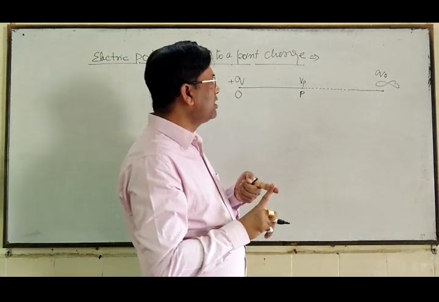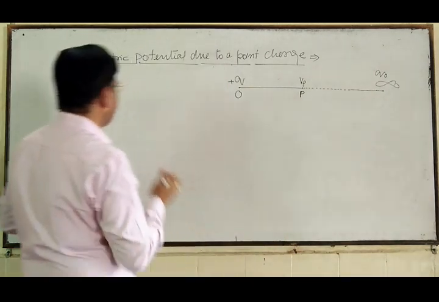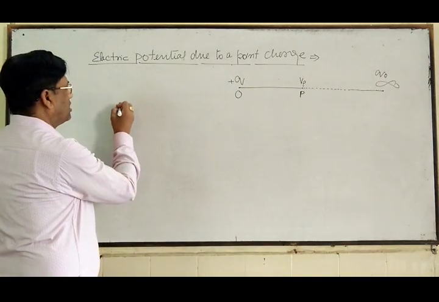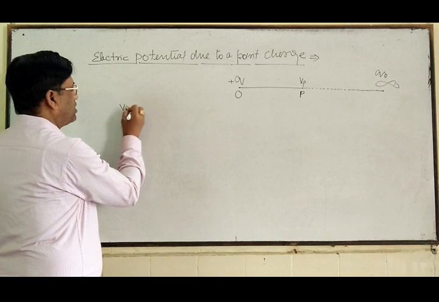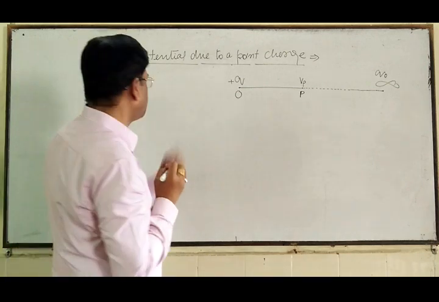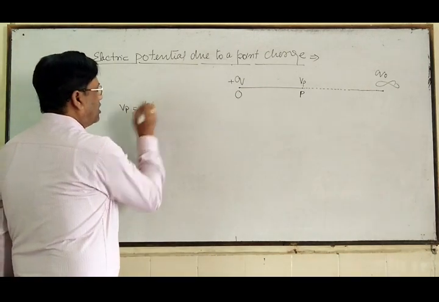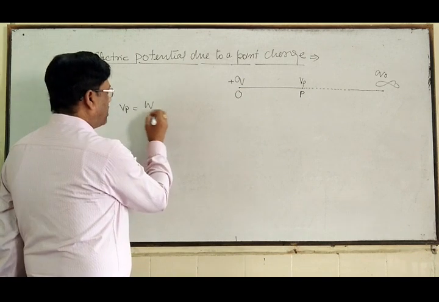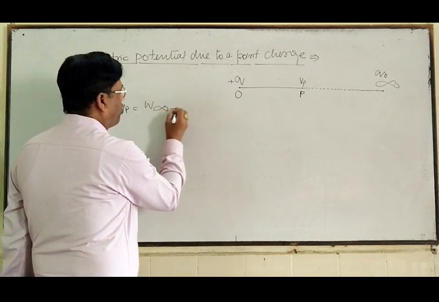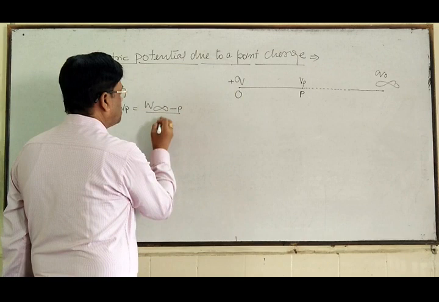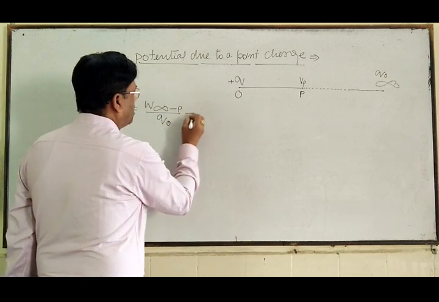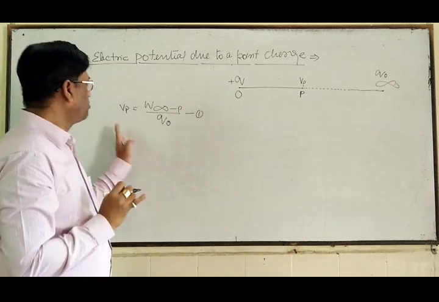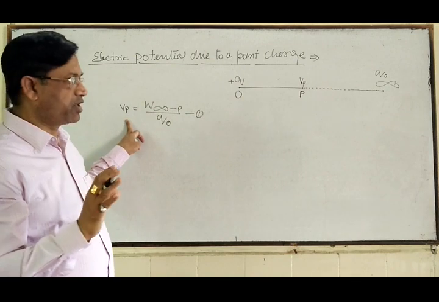According to the definition, the electric potential Vp is equal to the external work done W in moving a charge from infinity to point P, upon this test charge Q naught.